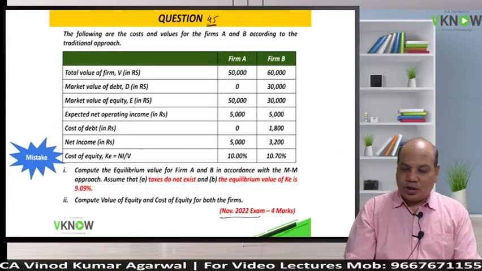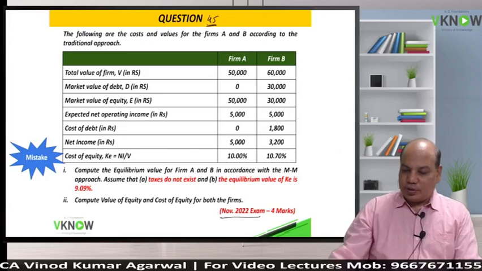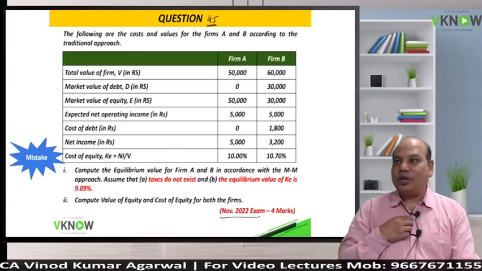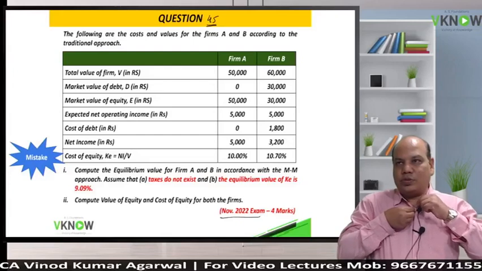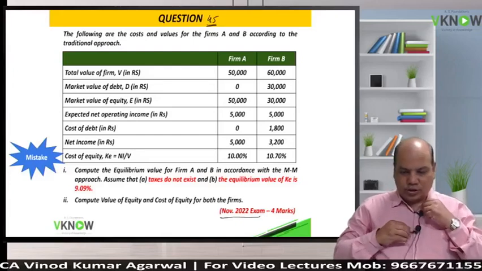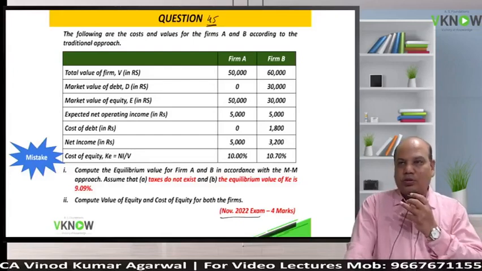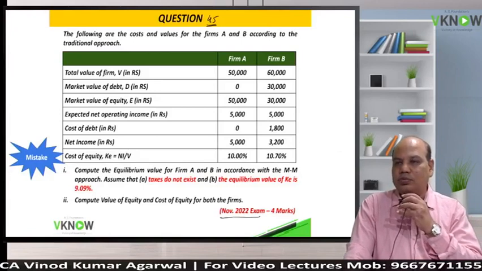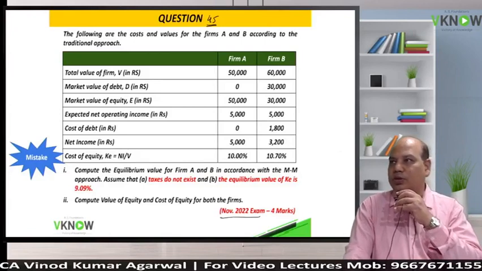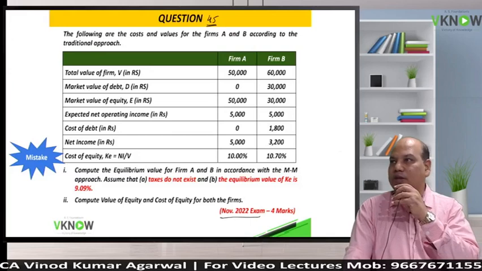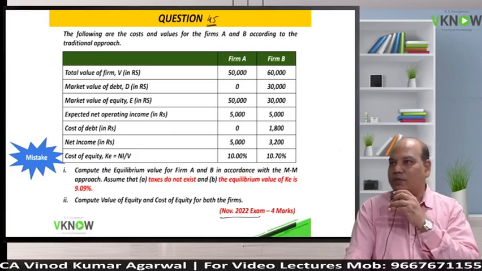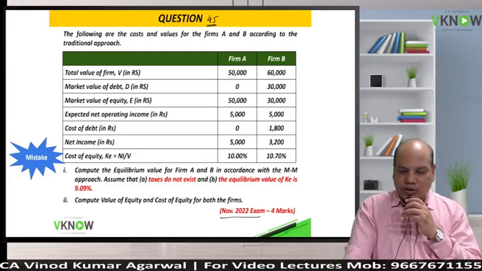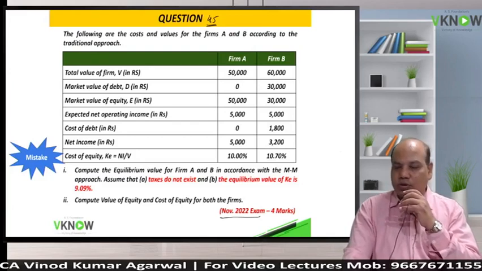The following are the cost and values of the firm A and B according to traditional approach. Traditional approach means the overall cost of capital and value of the firm can change by using a proper capital structure. So whatever data they have given, accordingly we have to solve.